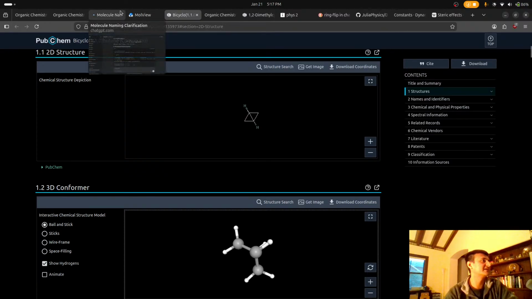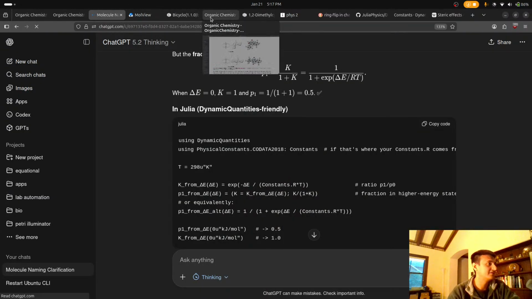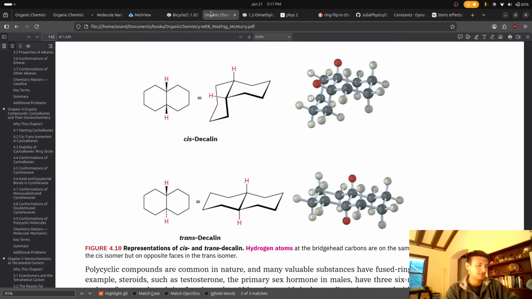All right, let's go back to the decalin, though. So apparently what we can do instead, I believe, is we swap just this and this.